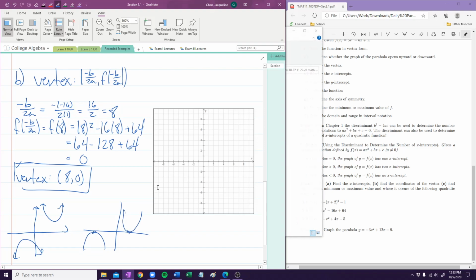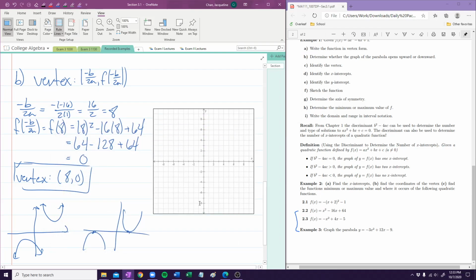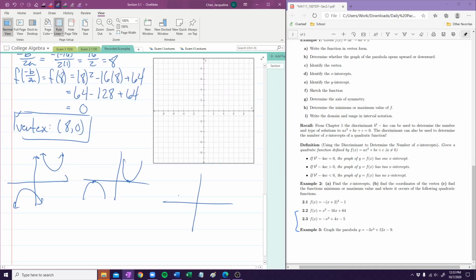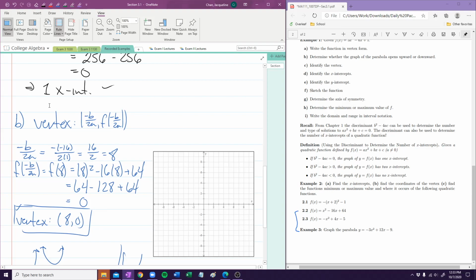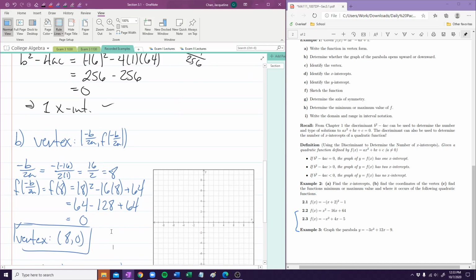So usually the x-intercept is your vertex. And if you have two, then it would look like this, or it could look like this. So this holds since we have one x-intercept. Normally it is the vertex.